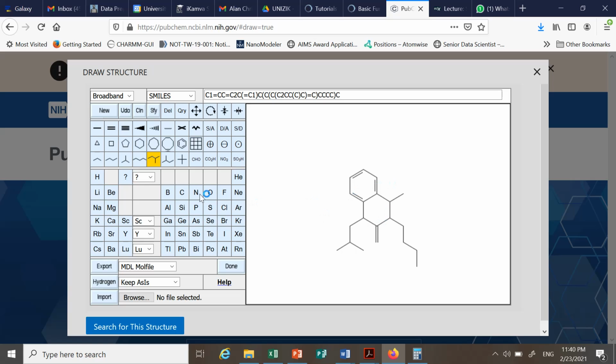For example, if I actually wanted an oxygen here, I can insert the oxygen there. Just select what you want here. If it has, for example, chlorine here, you can do that. Let me see if you can put a nitrogen in there on one of the rings. Yeah, there we go.